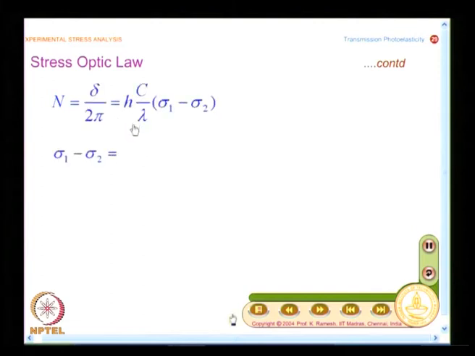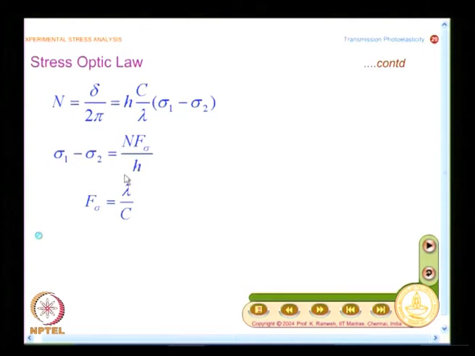I can recast this equation as h into c by lambda times sigma 1 minus sigma 2, and I can write sigma 1 minus sigma 2 finally as n f sigma by h, and we have introduced a new symbol for the term lambda by c in this fashion. And mind you, this is a very famous relation in photoelasticity. Sigma 1 minus sigma 2 equal to n f sigma by h.